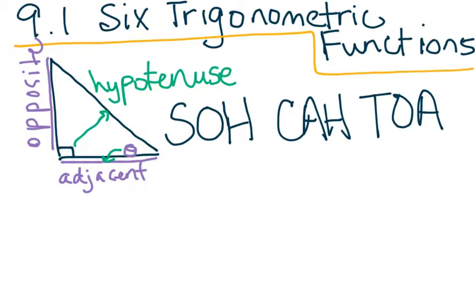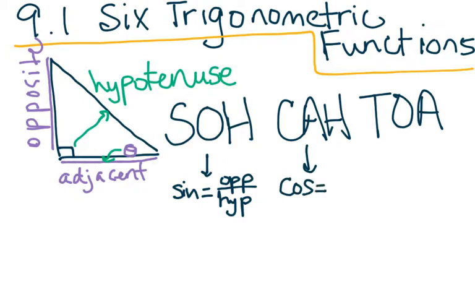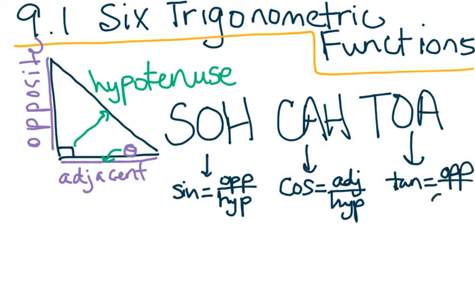It's just a quick way to remember that sine theta is opposite over hypotenuse, cosine is adjacent over hypotenuse, and tangent is opposite over adjacent. SOHCAHTOA. You'll never go wrong if you remember that.